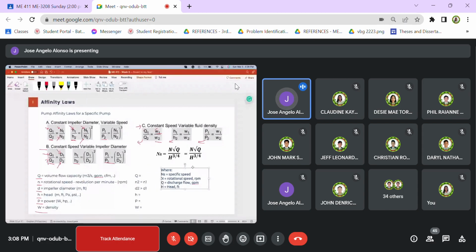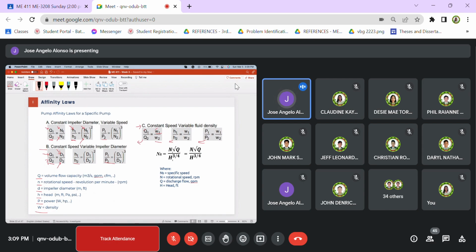So additional relation of affinity laws is using what we call the specific speed. So kanina, dinefine natin na what if nag-vary yung ating impeller diameter or nag-vary yung ating speed. But what if hindi natin sinabi na nagbabago yung impeller diameter natin? However, binigyan tayo ng rotational speed, initial rotational speed, initial volume flow rate, at initial head, total head ng ating pump.